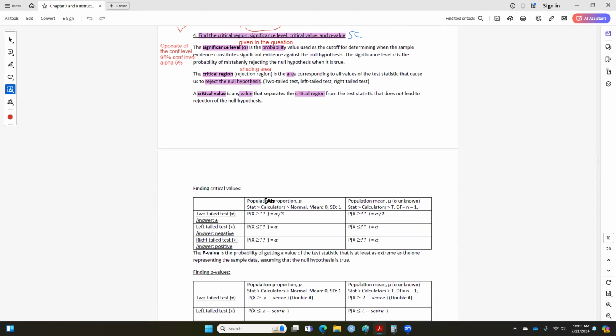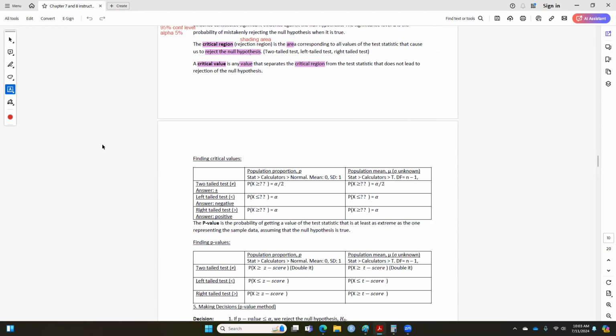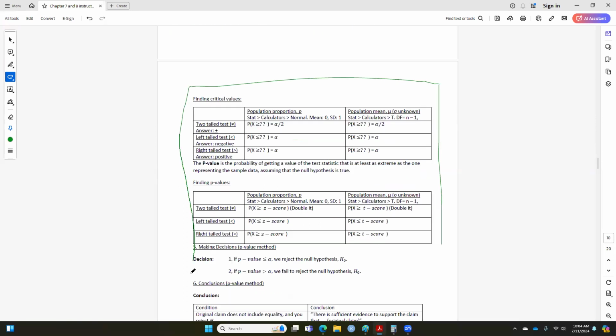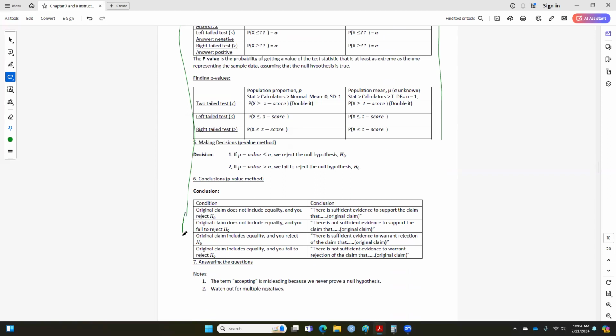So this is the second page that we have here, and I am just going to be honest with you, this entire second page is important.